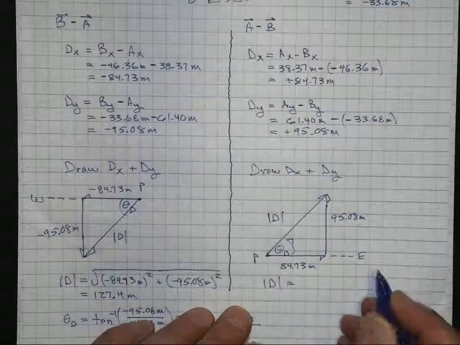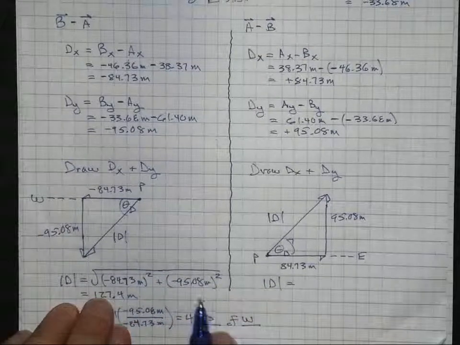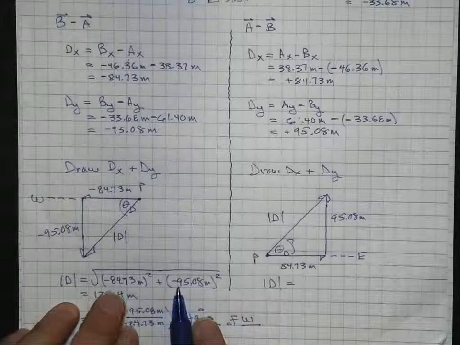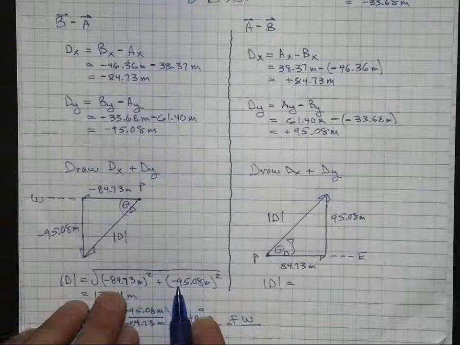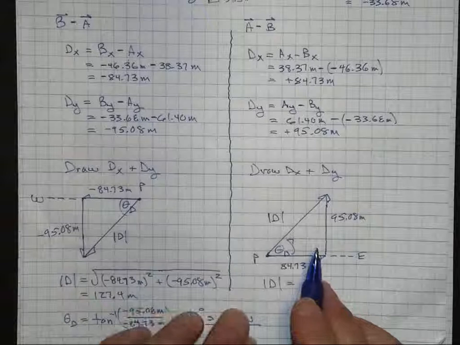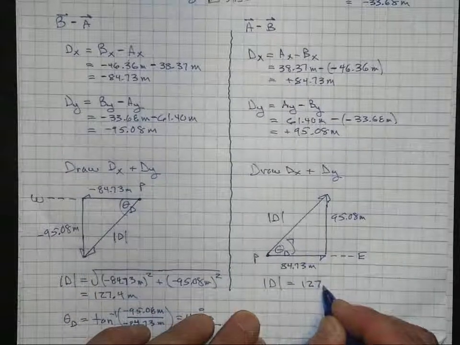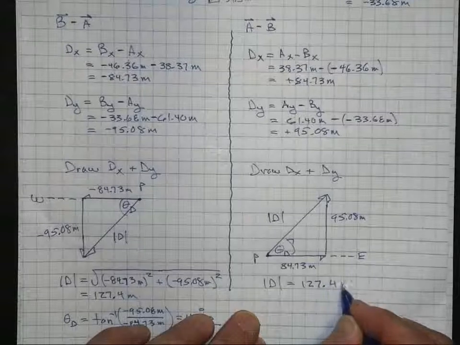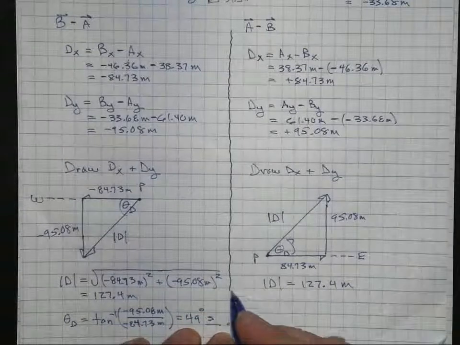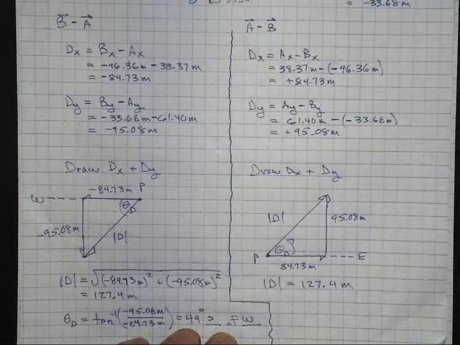I think you know what's going to happen here. We're going to get the same thing that we had over here, just because when we square the negatives, we'll get the same result. So this is going to be 127.4 meters, same magnitude.